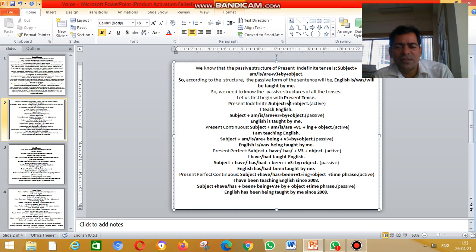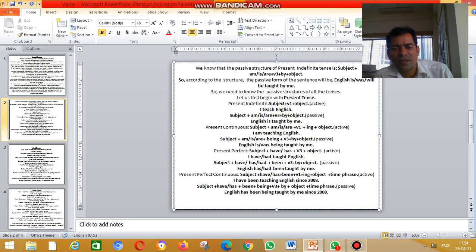Present perfect tense. We know the active structure of the tense is subject plus have or has plus V3 plus object. So according to the structure, the active sentence is, I have taught English. If you need to change the sentence into past perfect tense, you change the auxiliary verb. If you use had, it will be changed into past perfect tense.